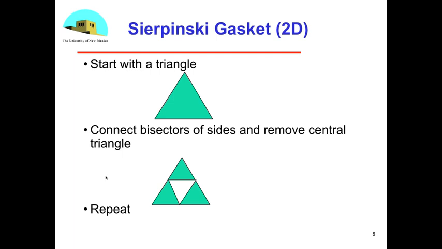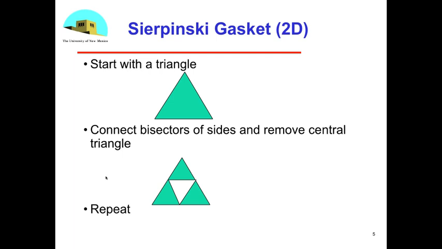So a very easy way to look at it is that we start with a single triangle, we bisect the sides, and then connect those bisectors together, which forms a triangle in the middle. If it's an equilateral triangle, all those 4 triangles will be the same, and we will then remove the central triangle.